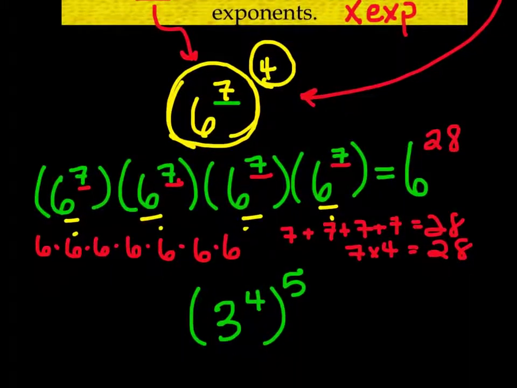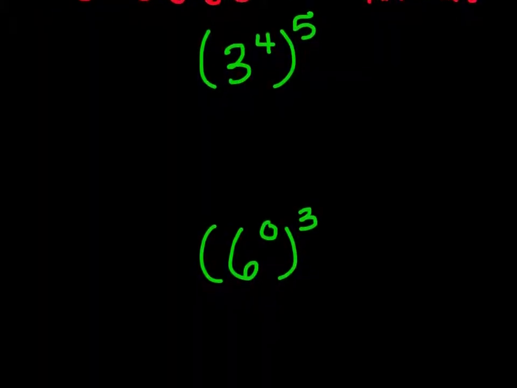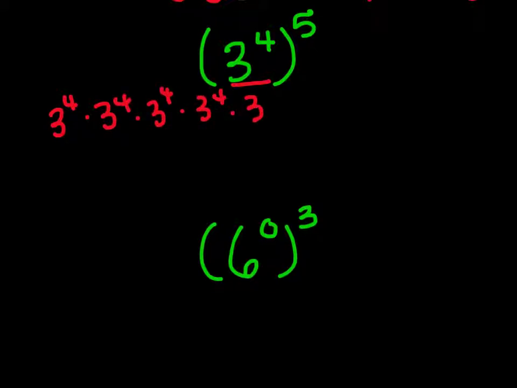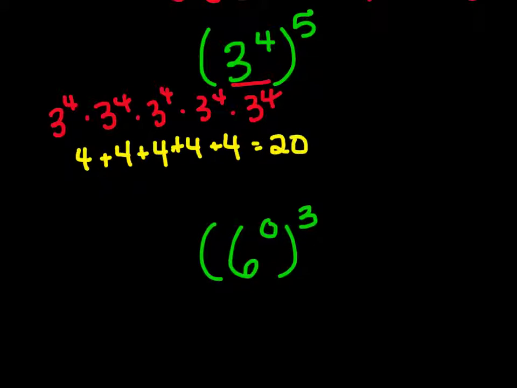Okay, so let's go to our first practice problem. We have 3 to the 4th to the 5th power. Now we know we can write this 3 to the 4th 5 times, so we could rewrite this as 3 to the 4th times 3 to the 4th times 3 to the 4th times 3 to the 4th times 3 to the 4th. That means we could add our exponents of 4 plus 4 plus 4 plus 4 plus 4, but we totally don't need to do that.